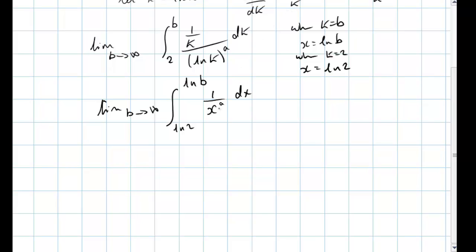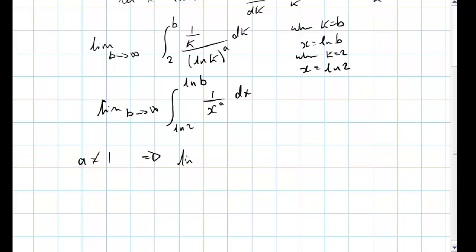Okay, what we've got to be careful of here is that if a is equal to 1, we've got 1 over x, and we've got the logarithmic function. I think we'll come to that one later. So first of all, let's just have a look at the cases where a is not equal to 1. If a isn't equal to 1, then we should be able to integrate this directly.